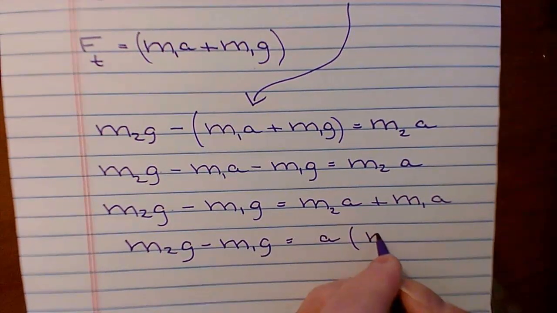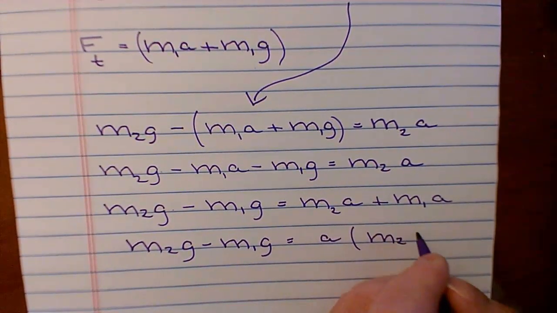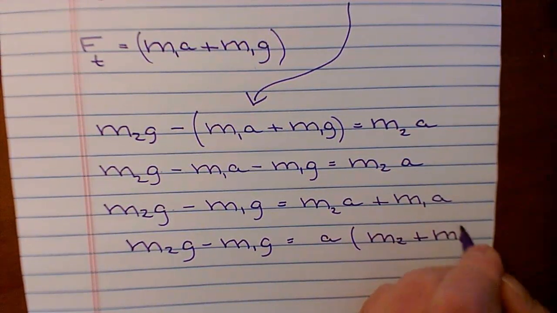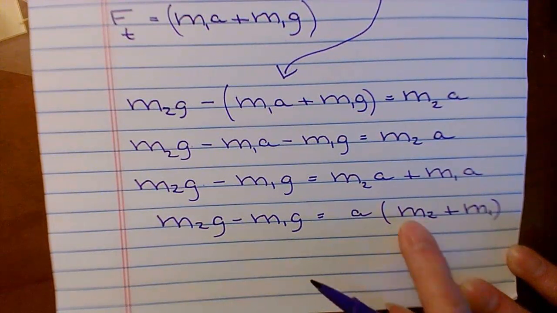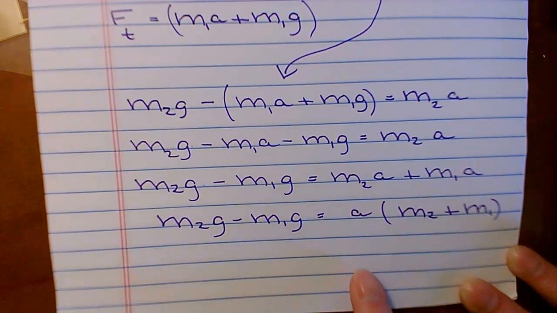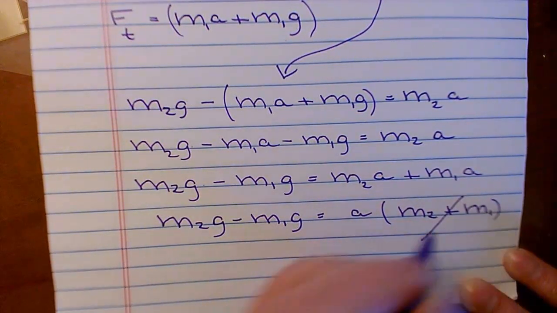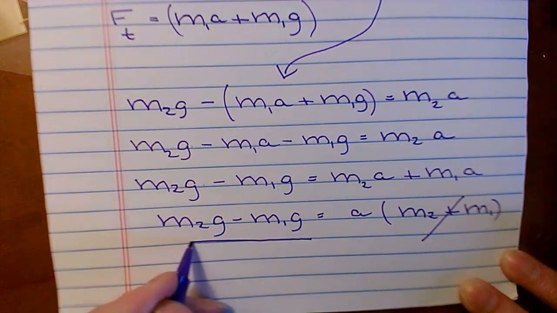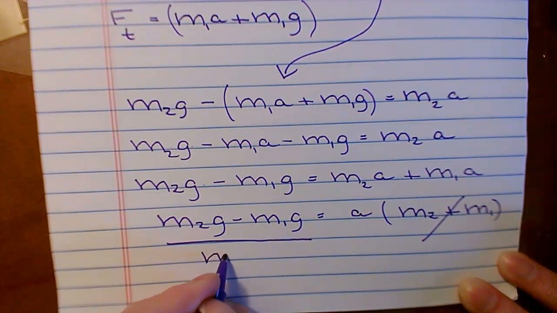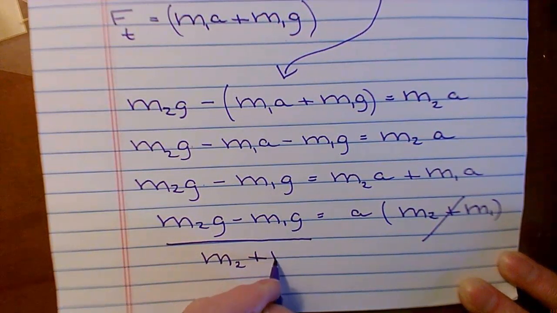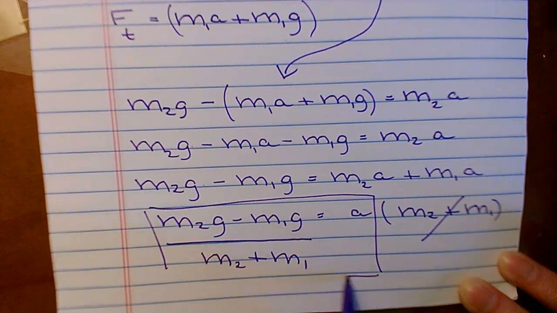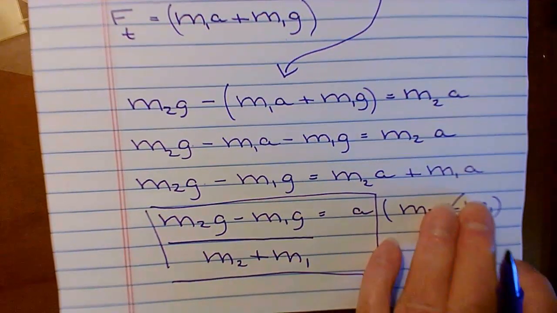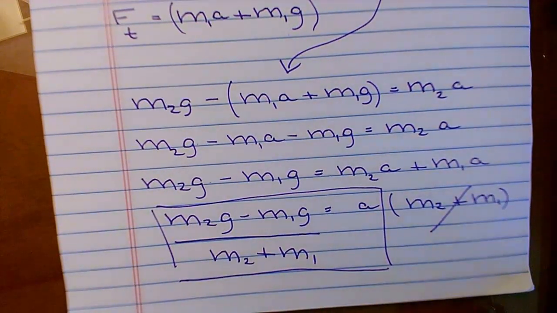That would give me M2 plus M1. And so if I divide M2 plus M1 on both sides, that would cancel this, and I'll move it over here. M2 plus M1 equals A. Oh, then always do a check.